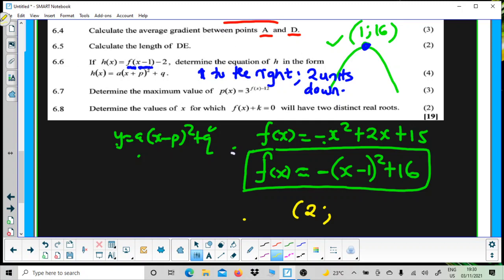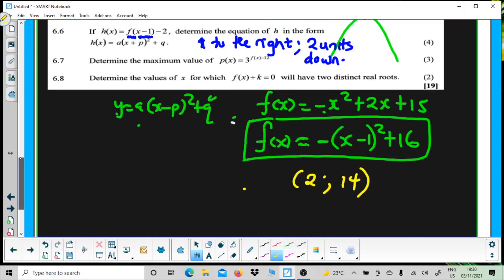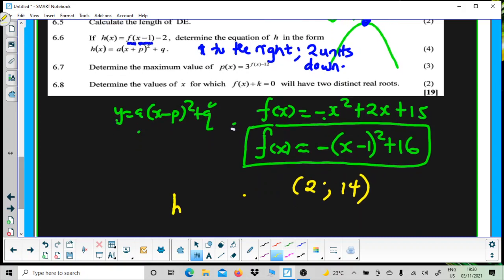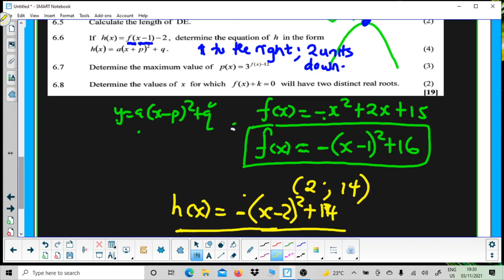Move it 2 units down, the 16 will become 14. That is all you need. So this is a new turning point, people. And to write this h(x), you're just going to say there was nothing else that was done. So the a is still the same, but it's going to be -(x minus 2) squared plus 14. That is all you were supposed to do right there.